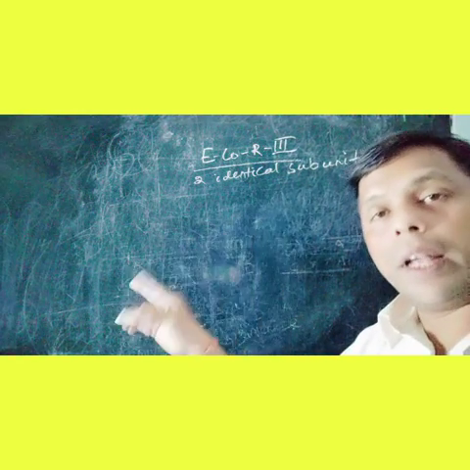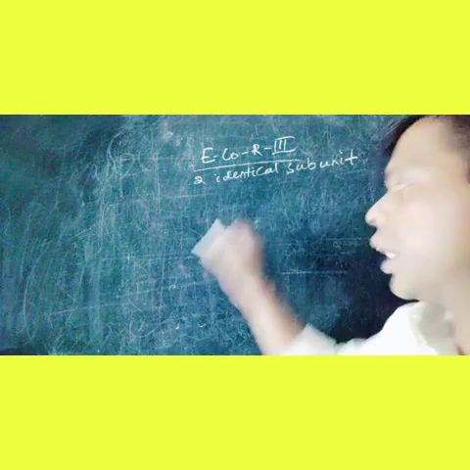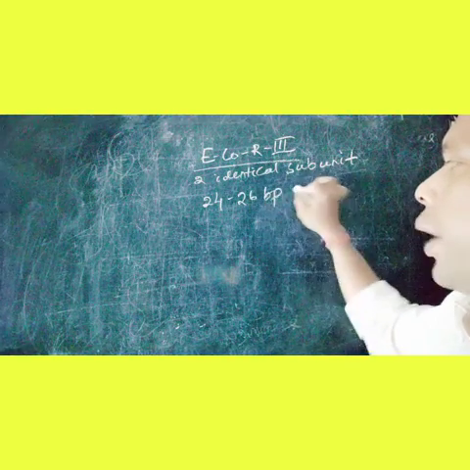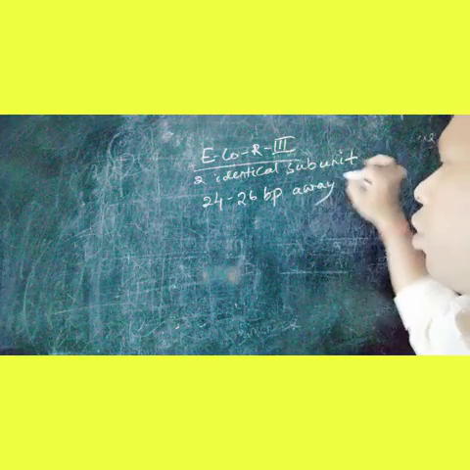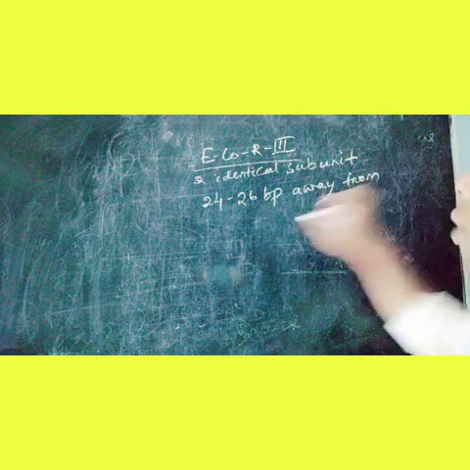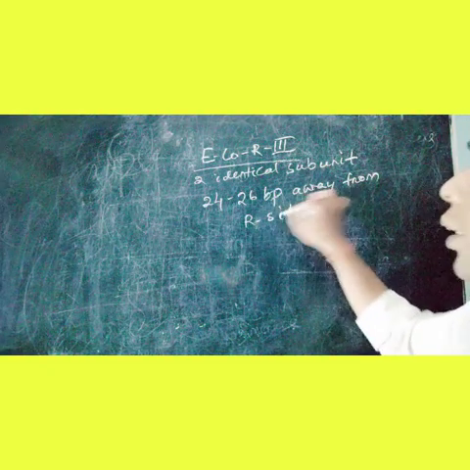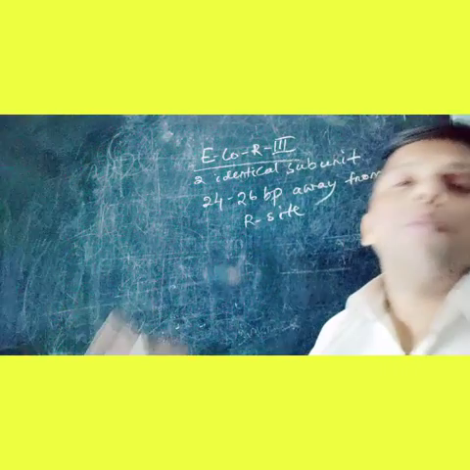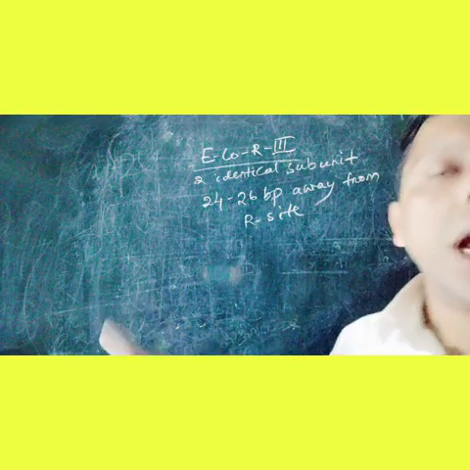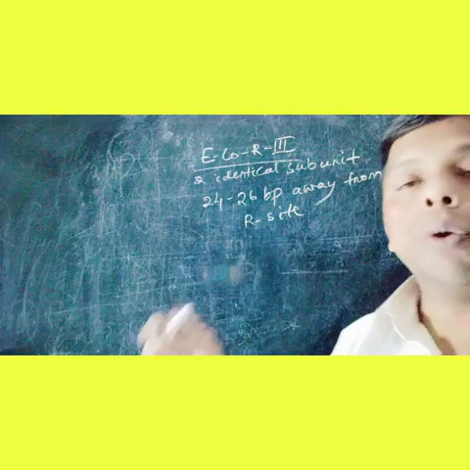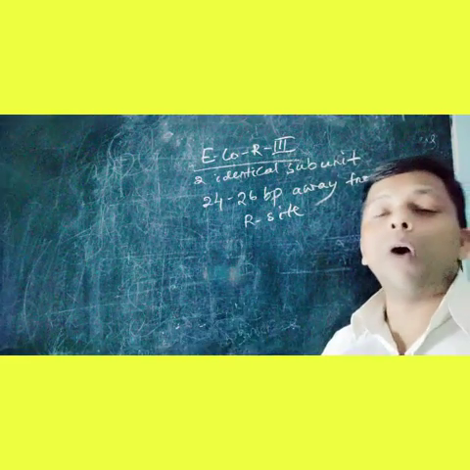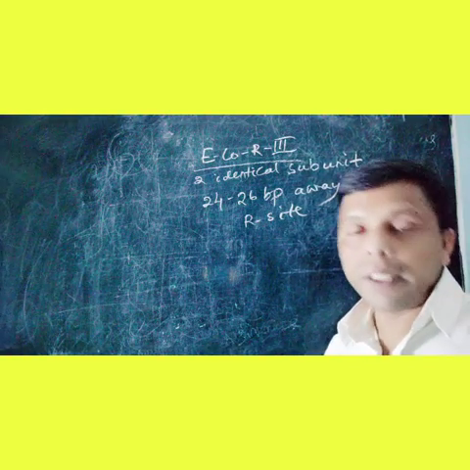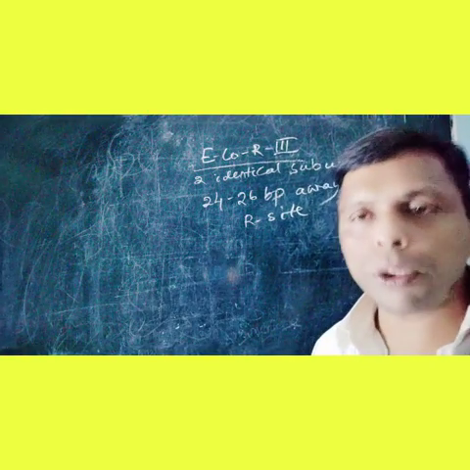They cleave the DNA 24 to 26 base pairs away from the restriction site. So this is also not suitable for recombinant DNA technology. Out of these enzymes, we have to take EcoR2 for the process of recombinant DNA technology. This is all about the enzymes.